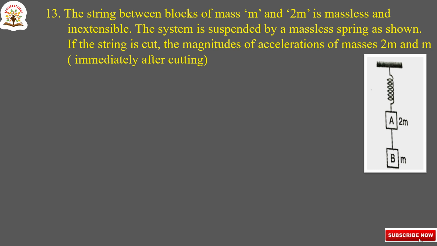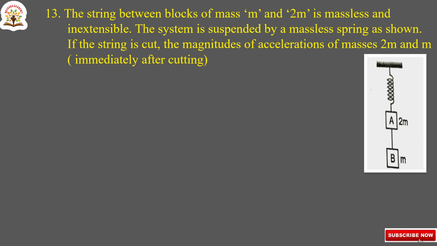So here two blocks, one is a block of mass 2m and another block of mass m. Two blocks A and B. Now A contains 2m and B contains m.